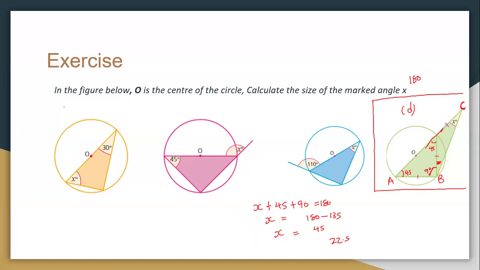Okay. And considering that it's an isosceles triangle, the bottom corners are equal.